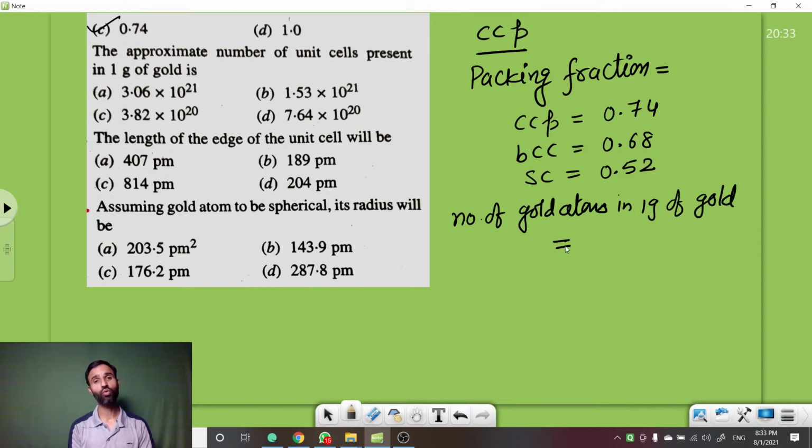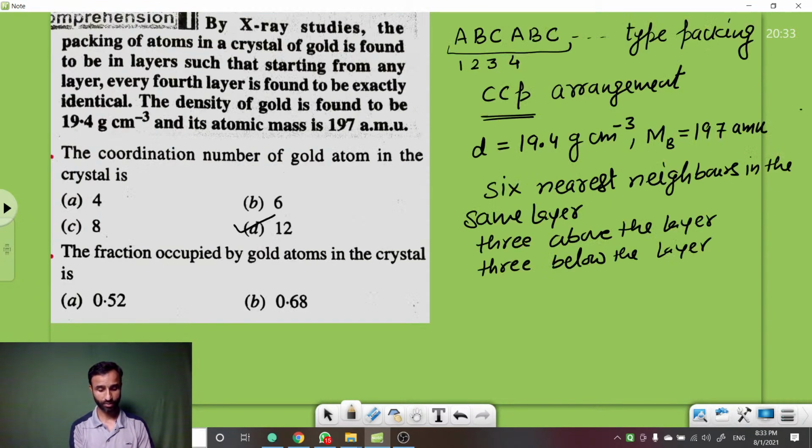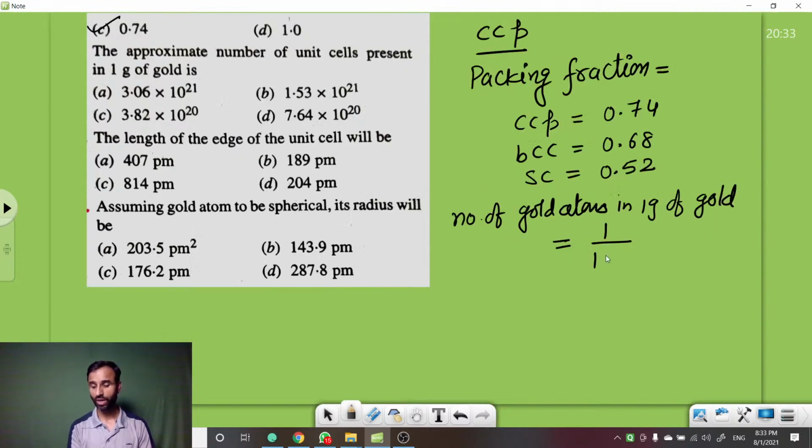That is equal to 1 upon 197, because the atomic mass is 197, multiplied by Avogadro's number. These are the number of gold atoms.